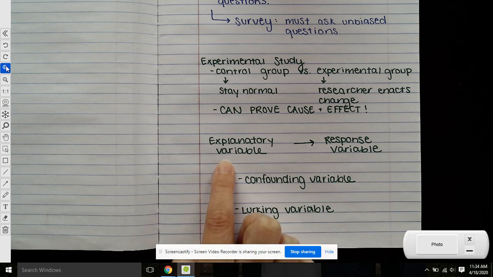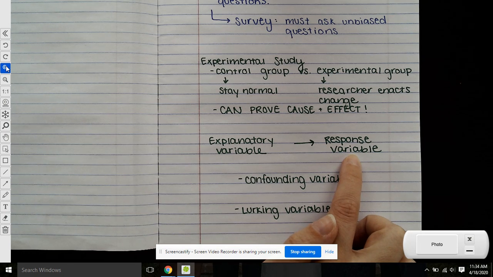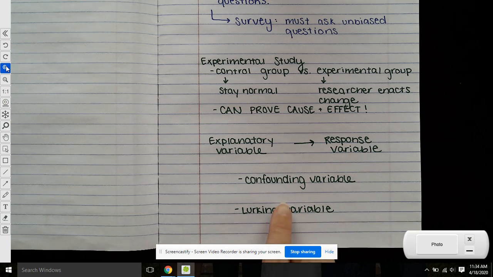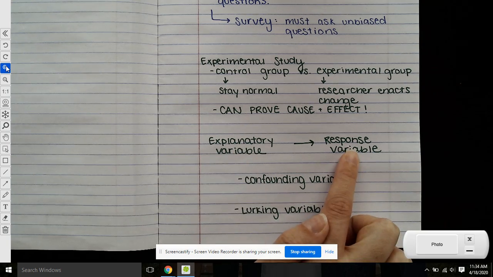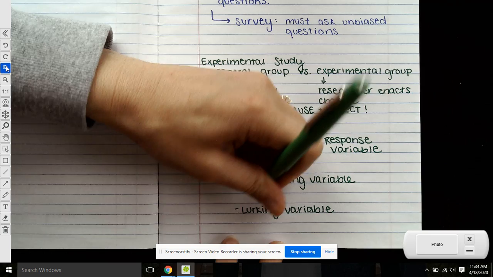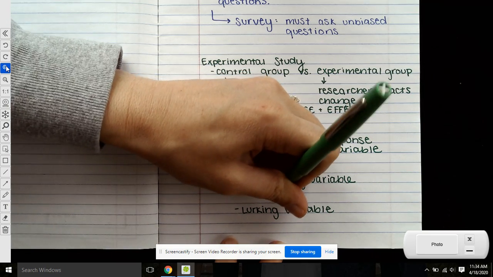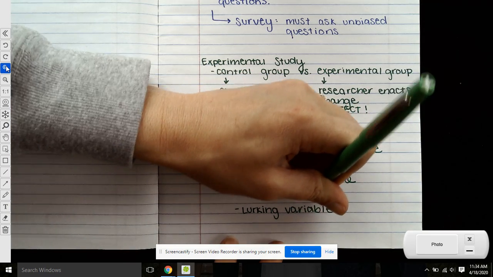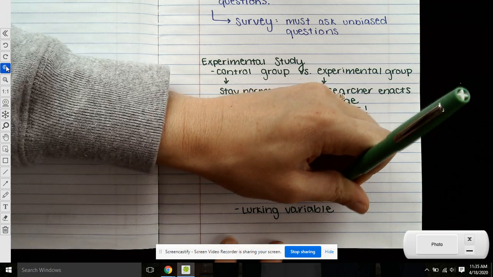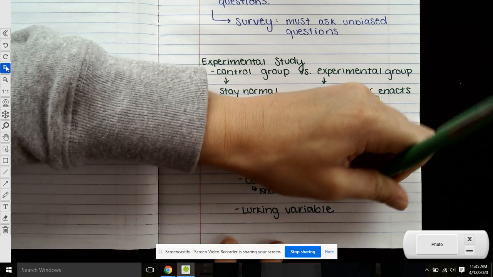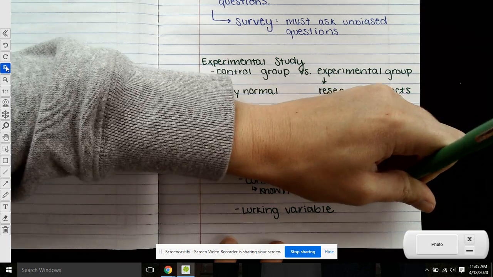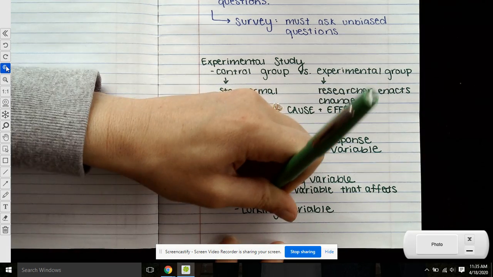So if you have an explanatory variable of activity level and you have a response variable of weight, a confounding variable might be something like age. So how old you are might affect how your activity level affects your weight. So this is a known variable that affects the results.